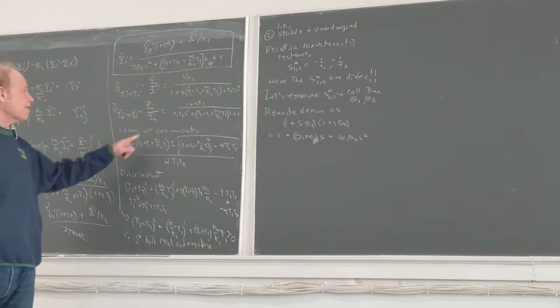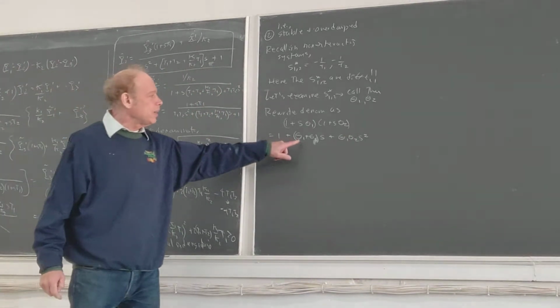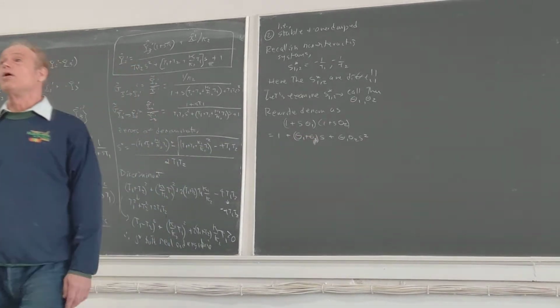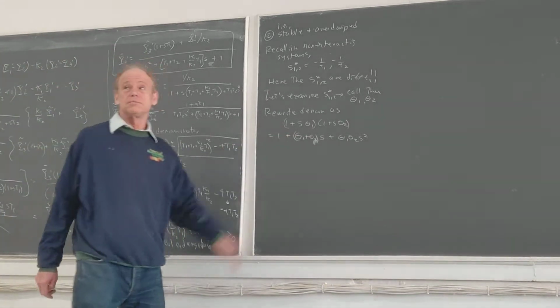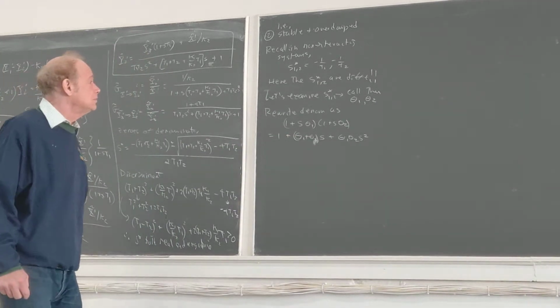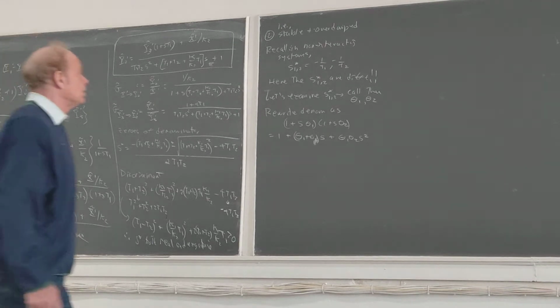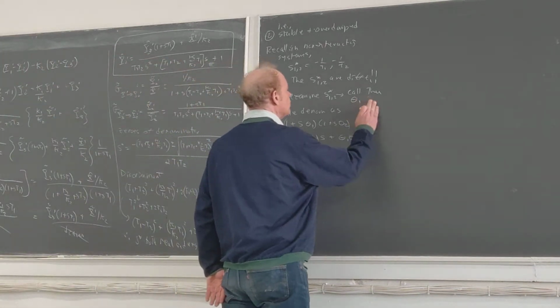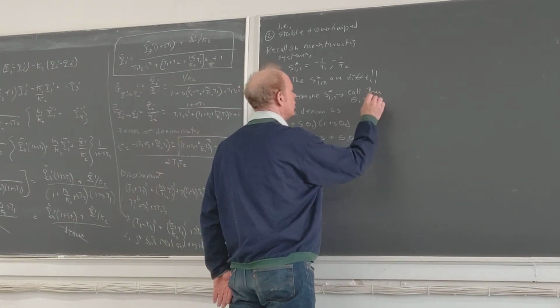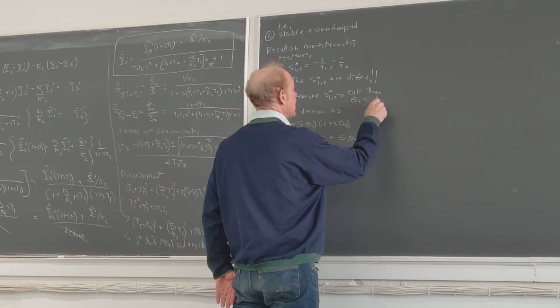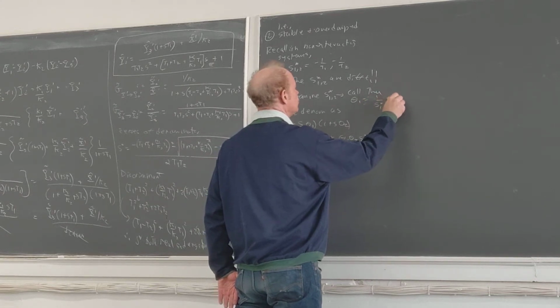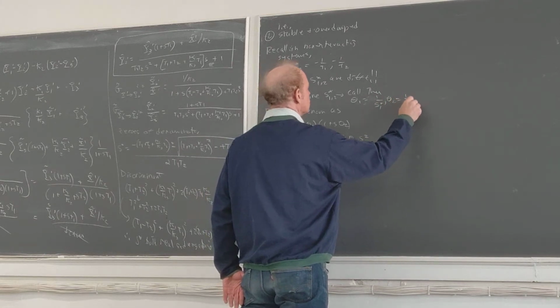So I would get a quadratic where the roots are minus 1 over theta 1 and minus 1 over theta 2. So this is just, call theta 1 equal minus 1 over S1 star, and theta 2 is minus 1 over S2 star.